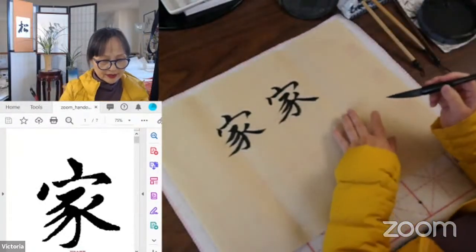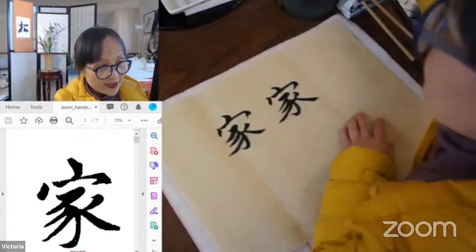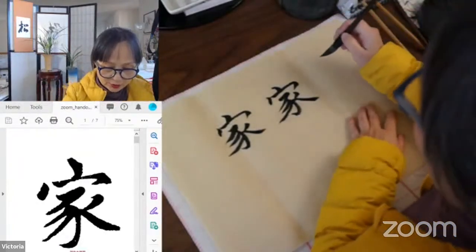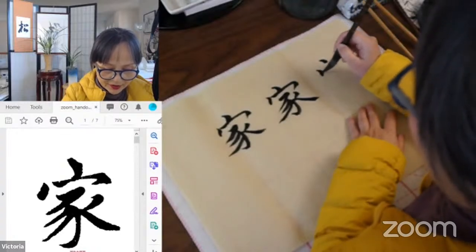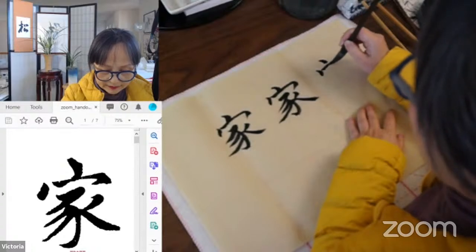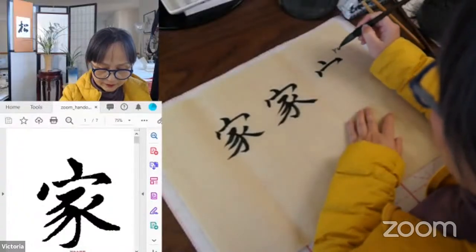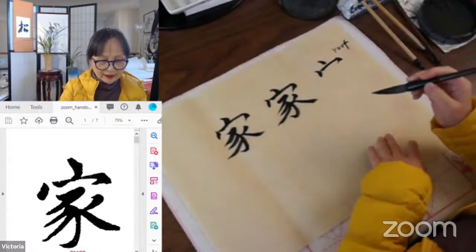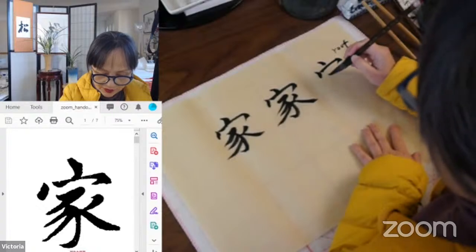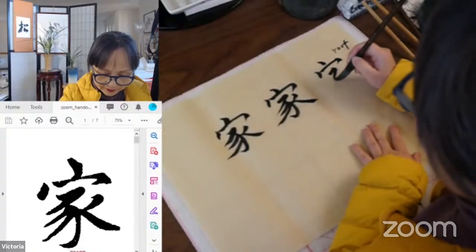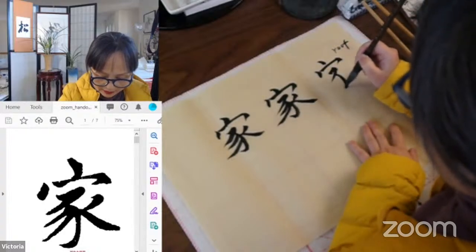Okay, you remember the last time we learned the save character. Same top, this is a roof, right? Same radical on the top, and the character underneath is female. This is the roof radical. And what's underneath this one? Any people know that? Animal? Is it animal?